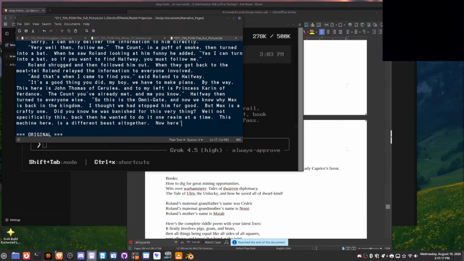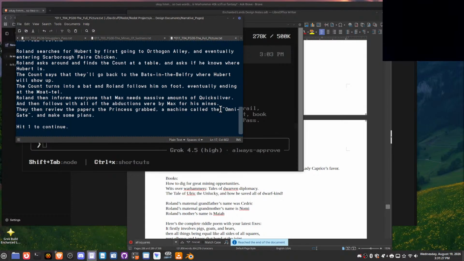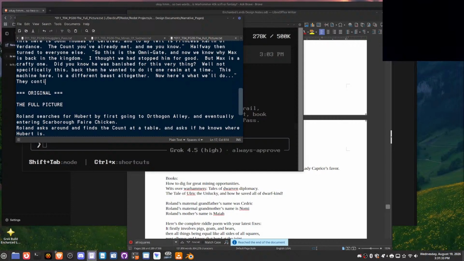Now here's what we'll do. They continued to converse well into the evening about the plans they had to make.